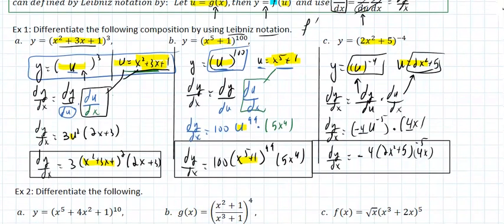So if I glance at this, the shortcut to eliminate these steps: ignore the yellow part, look at the outsidemost function, that's a cubic. You bring the power down, subtract 1 from the power, and copy this, that should be a 1 there, times the derivative of the inside, and that's where the word chain comes from, the chain rule.